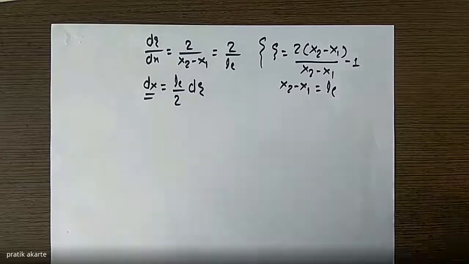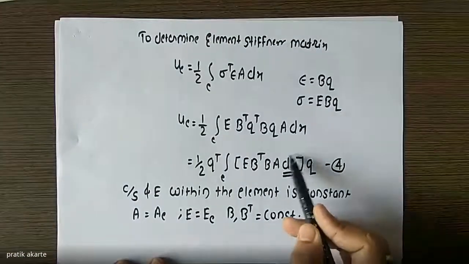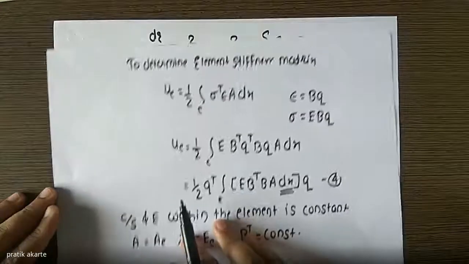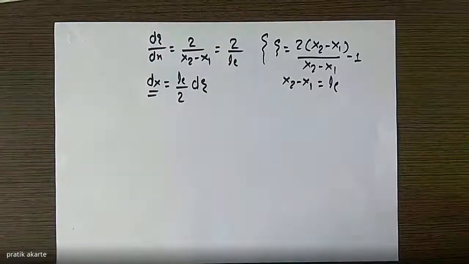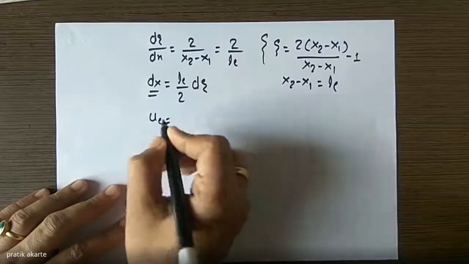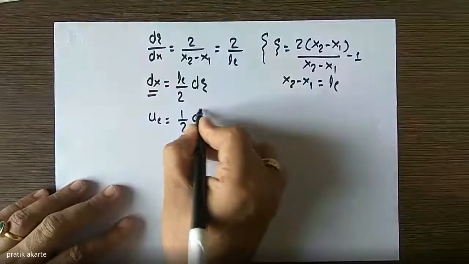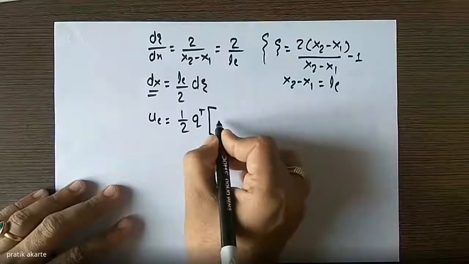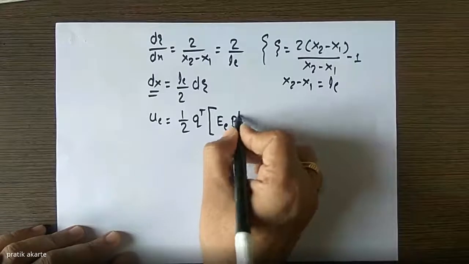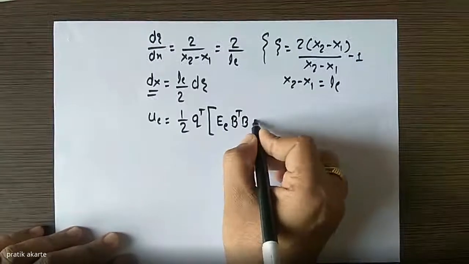Okay, so this is my equation number 4, half q transpose and this term. I have converted this dx term into the form of d zeta. So let us write the strain energy Ue as half of q transpose, in brackets, Ee, which is a constant modulus of elasticity, B transpose B. These are constant terms.